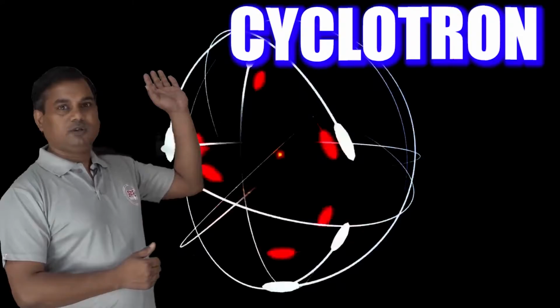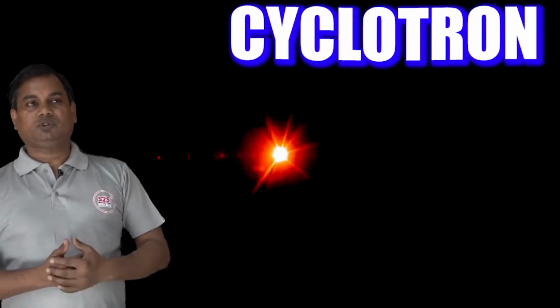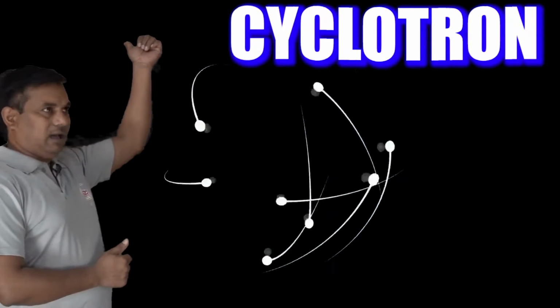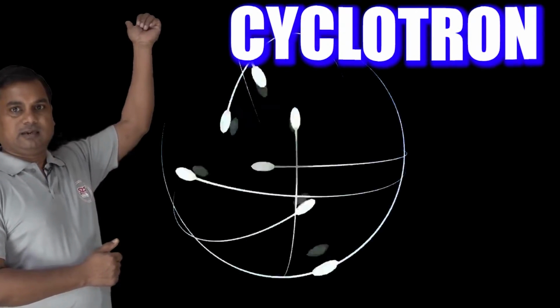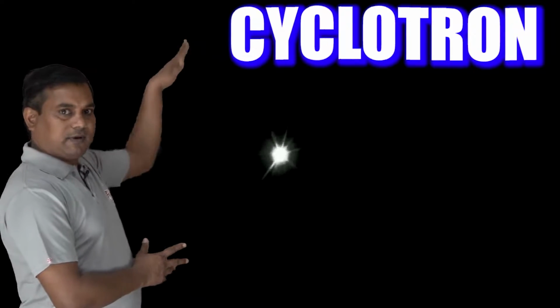Today we are going to study the cyclotron, class 12th physics. We have to study it because this is a physical device. We will study this cyclotron under 5 points.